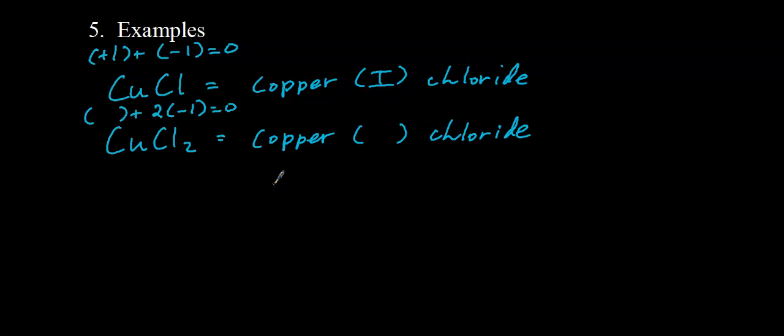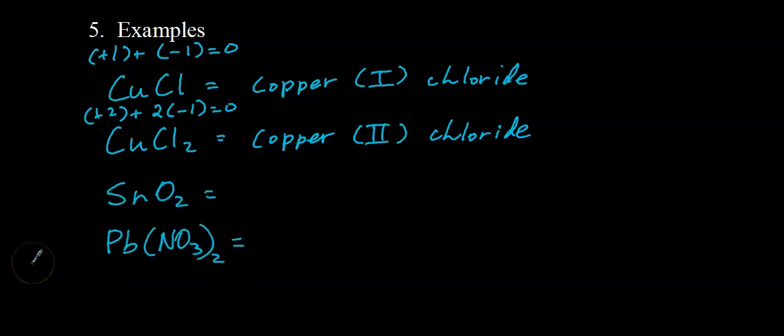So what goes in parentheses in our equation? So the charge of copper in this compound is +2. How do we show that in the name? So the name of this compound is copper 2 chloride. Let me give you a couple more to try. Go ahead and pause the video and name those two compounds.